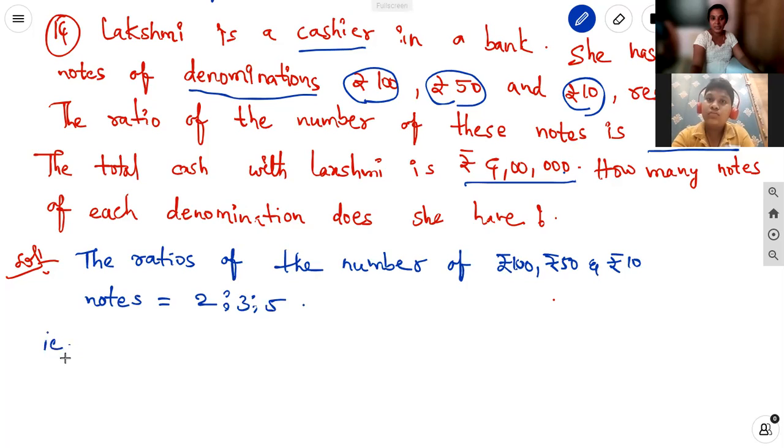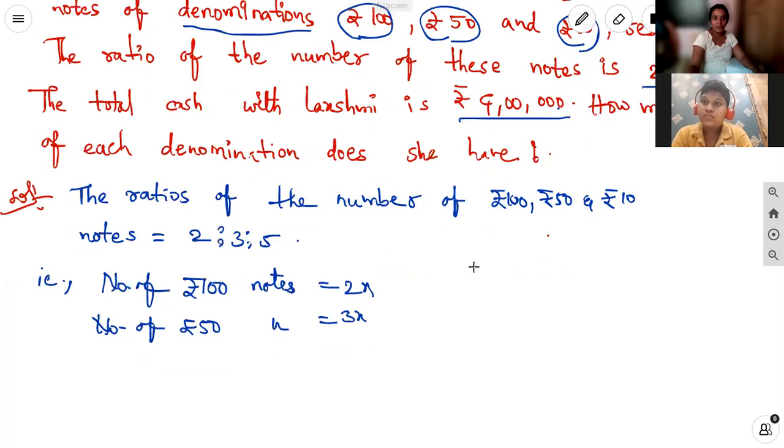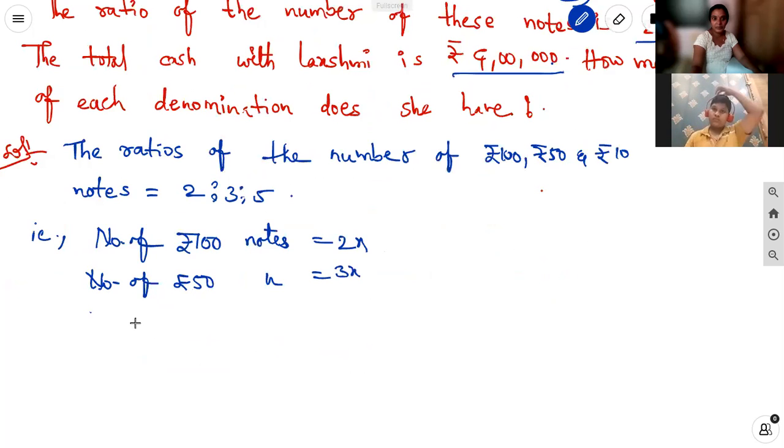That is nothing but the number of 100 rupee notes equal to 2x, the number of 50 rupee notes equal to 3x, the number of 10 rupee notes equal to 5x.